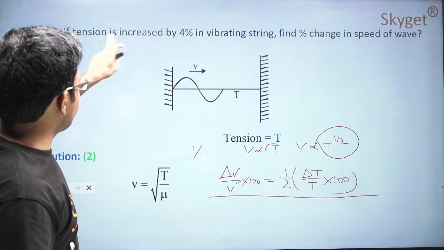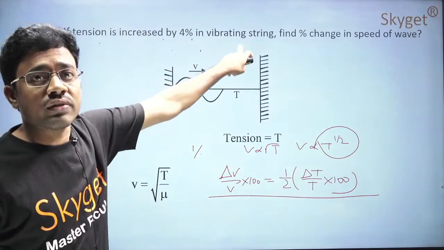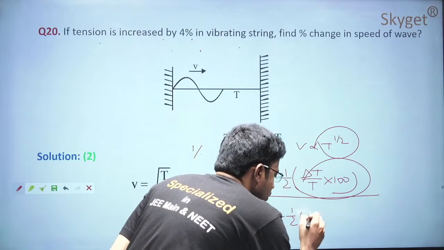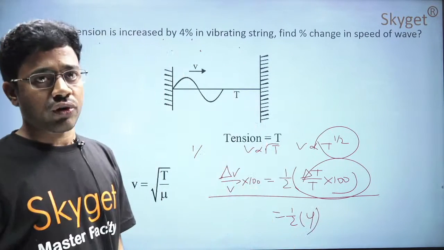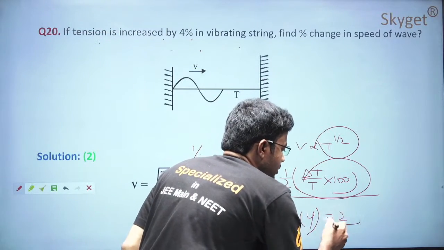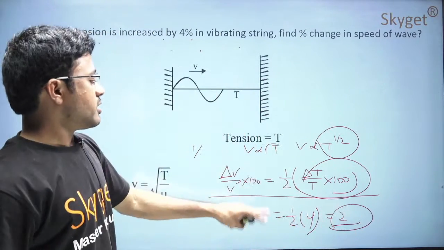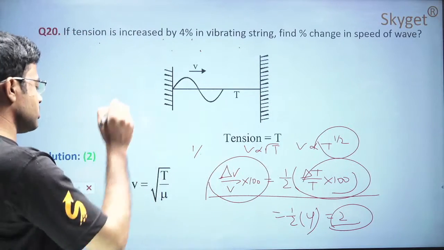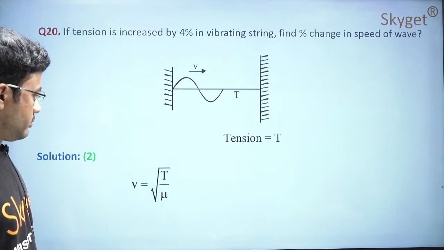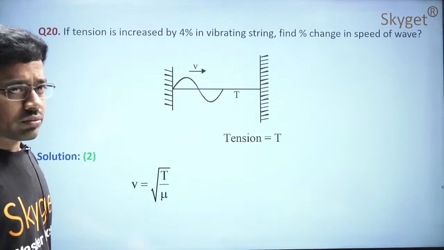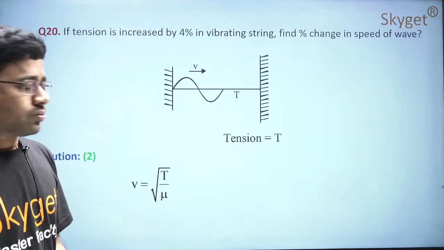The percentage change in tension is given as 4. So it is half into 4, that is 4 by 2, which is 2. So 2 is the percentage change in the speed of the wave on the string with tension T. This is the numerical one where we got option 2.